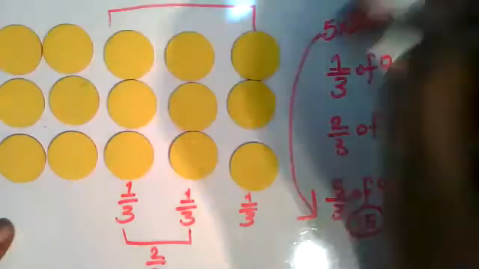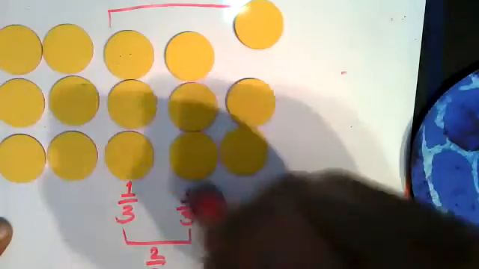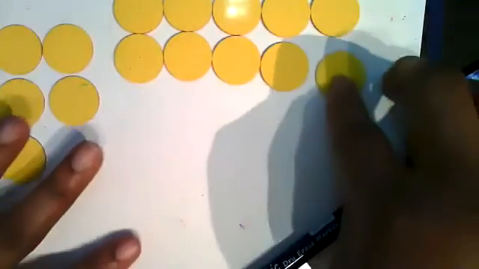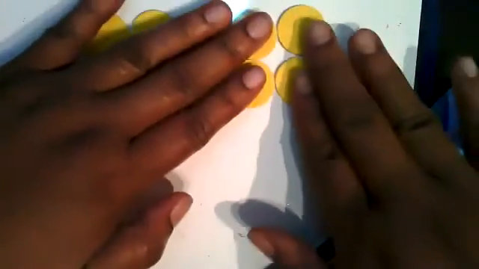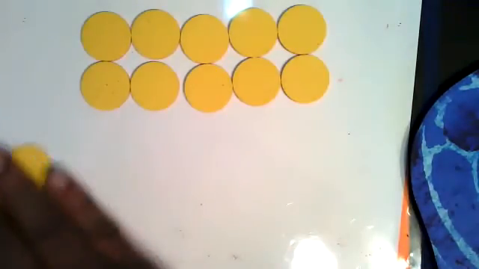Let's look at one more. What if I have 10? I have an array of 10, and I want to give away 1/5 of it.